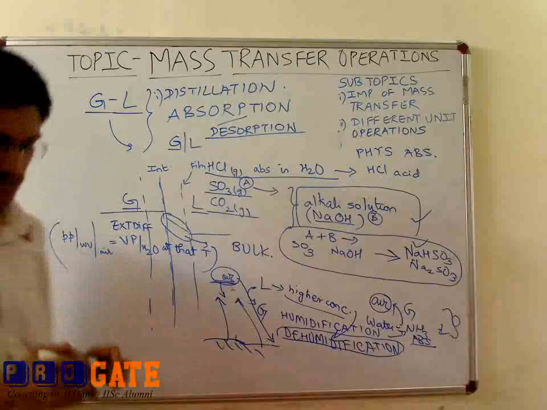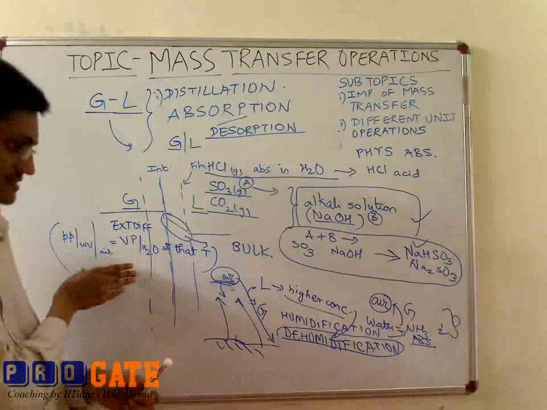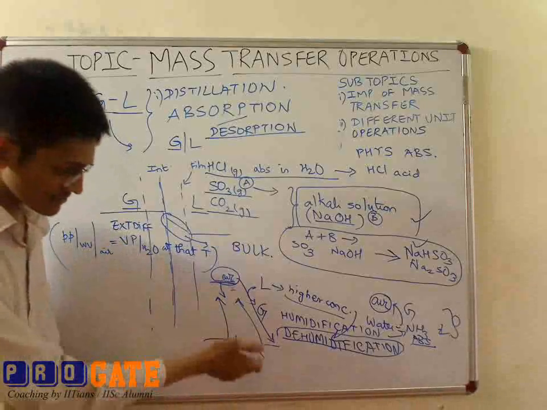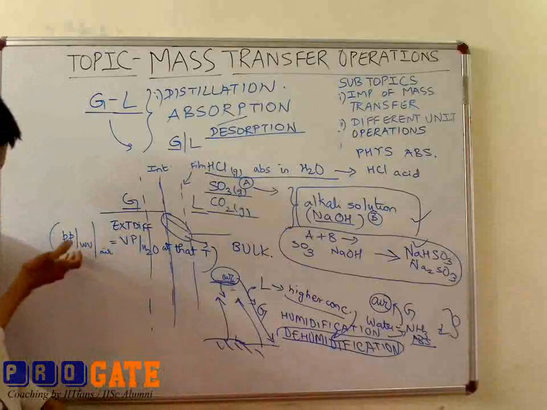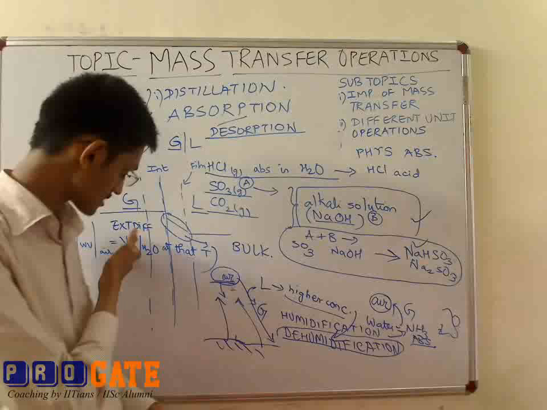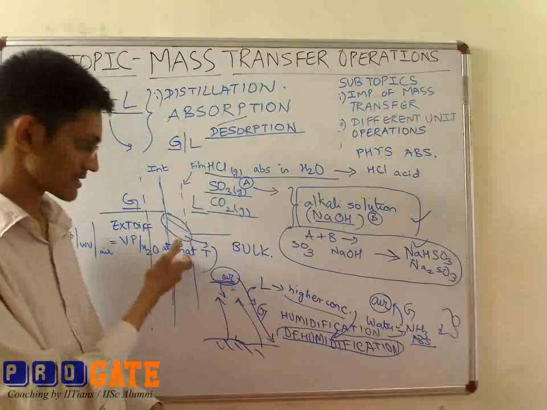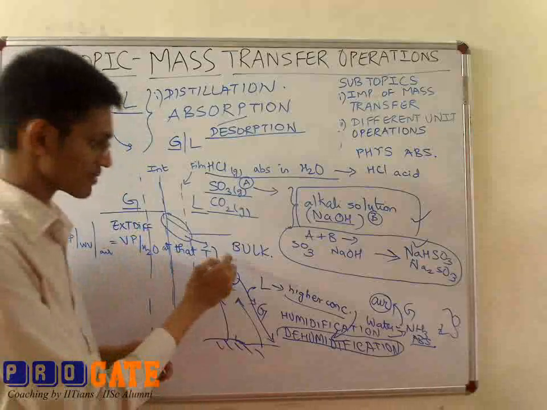We will be studying this operation again in detail, but the basic principle would be condensation of water vapor from air to the surrounding would happen when the partial pressure of water vapor in the air is equal to the vapor pressure of the water at that temperature. So that is what defines the dew point.